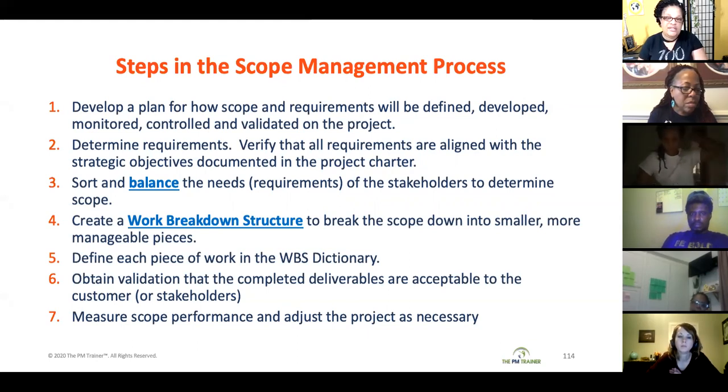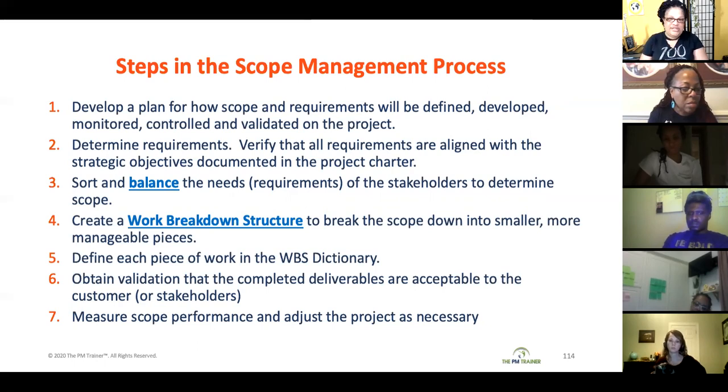Once we create that scope statement, then we go ahead and create the work breakdown structure, which has all the deliverables that are going to be completed in order to produce that scope. Then we break it down to the work package level. Once we get it to the work package level, then we define that work package in the work breakdown structure dictionary.